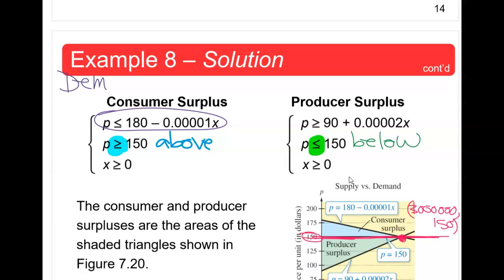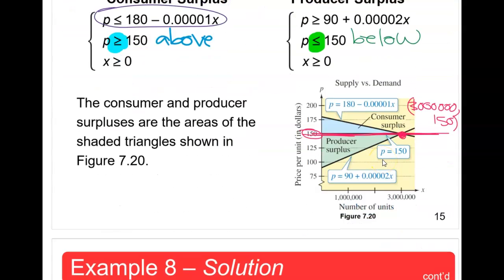So I'm going to write the demand equation here. That was the P equals 180 minus 0.00001x. So that one is graphed here. Remember, I told you it was going to be leaning to the left. And so the consumer surplus is the area that is in between.